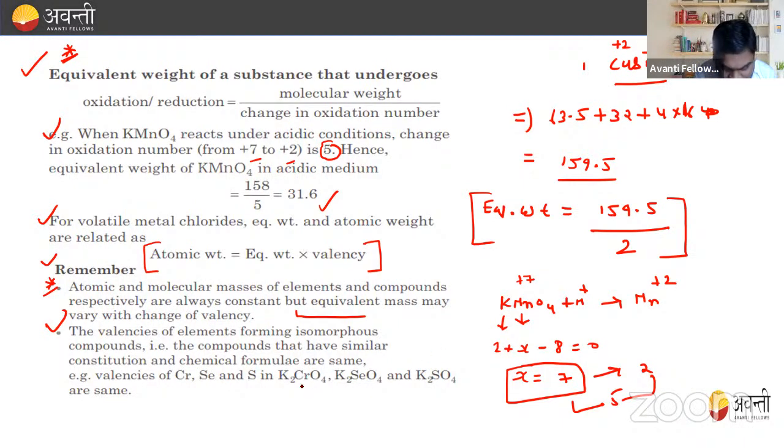If I'm talking about K2CrO4, Cr has valency +6, and in the selenium compound again this comes out to be +6, and this is also +6. So in all these three they have the same valencies, and these types of compounds are known as isomorphous. That is, their valencies are the same.